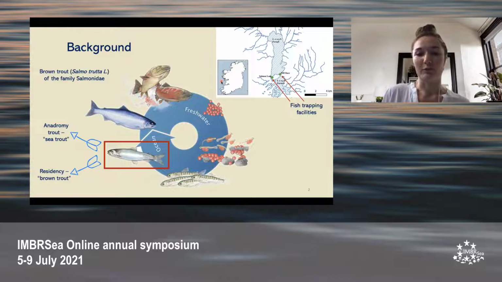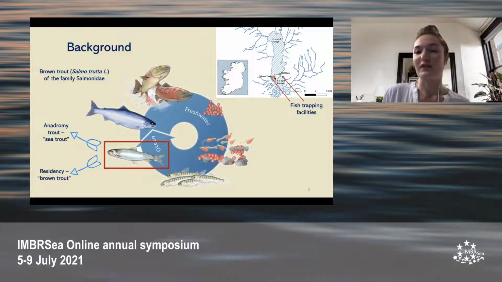Also, as a part of this monitoring program, a repository of otolith and fish scale samples has been collected, which covers several decades. And I used some of those samples from this repository.